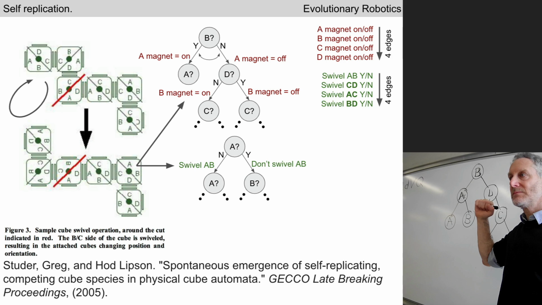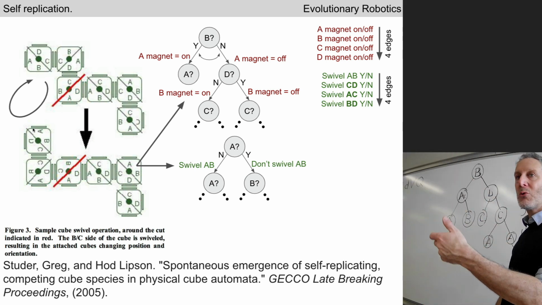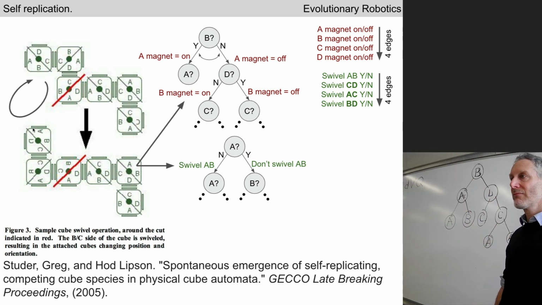Everybody see that? When CD rotates, it's going to rotate this, this, this, this, and this along with it. Okay. Next level down in the tree, swivel AC. So now this half of the square and this thing and this thing and this thing and this thing rotate, but this half of the square and this piece stay where they are.